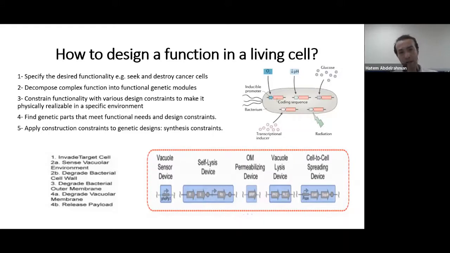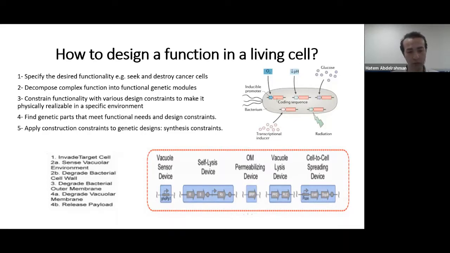So how to design a function inside the cell. Before I speak about the genetic circuit design workflow, I need to explain to you generally how to design a function inside the cell. Basically, you start with a high-level description of the function that you want to encode. For example, you want to program a bacteria to seek and destroy cancer cells. So this is a high-level specification.